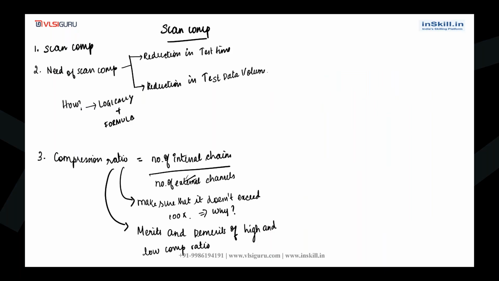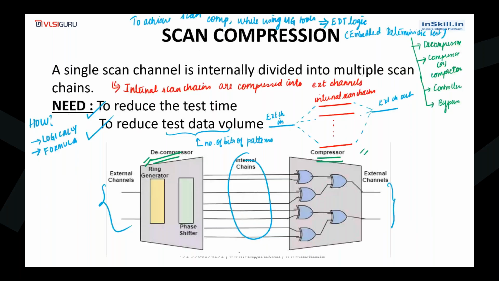And then we will also try to understand how to decide the number of internal chains and external channels. For a particular design or a particular project, how do we decide the number of internal chains and external channels? These are your internal chains, and these are your external channels.